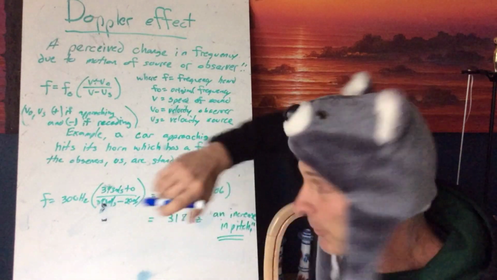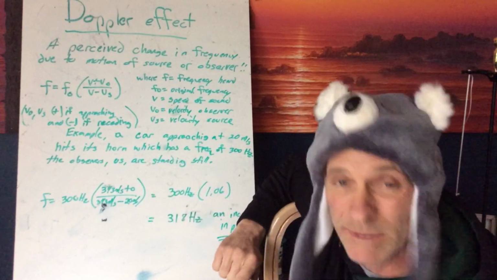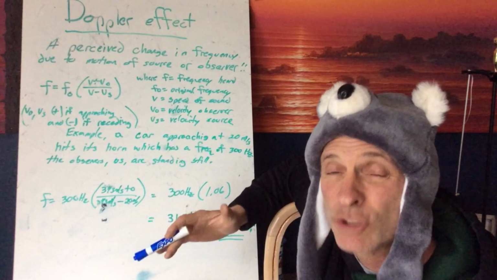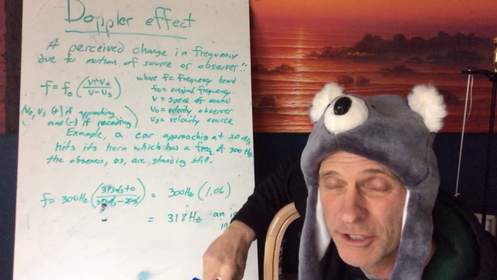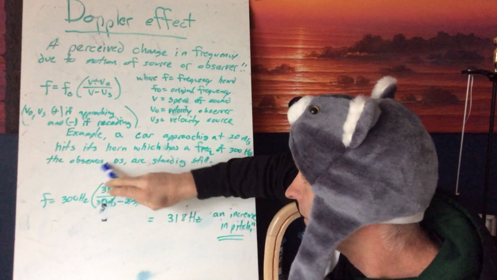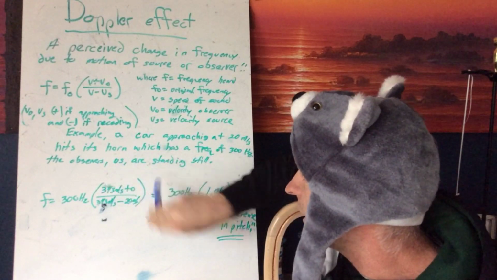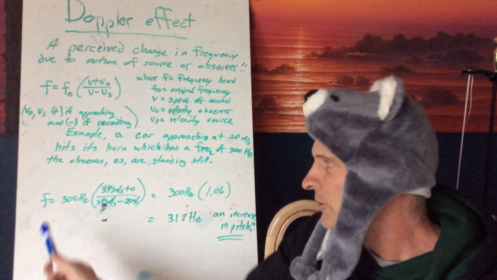But today's example: a car approaching at 20 meters per second hits its horn, and the horn is going to be at a 300 hertz frequency coming out of the car. If the observers are standing still, what does this mean? Here's our formula.